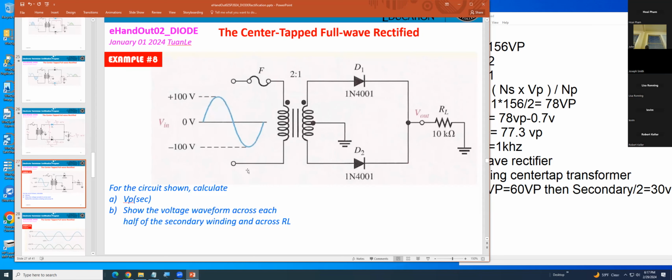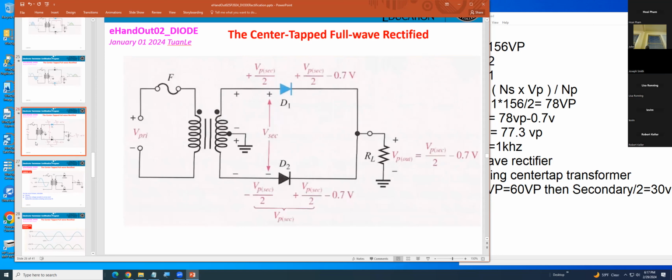Hey, Mr. Pham, on that last one, could you go back real quick? On the output, you got V peak divided by 2 minus 0.7, but you got two diodes. So shouldn't that be 1.4?